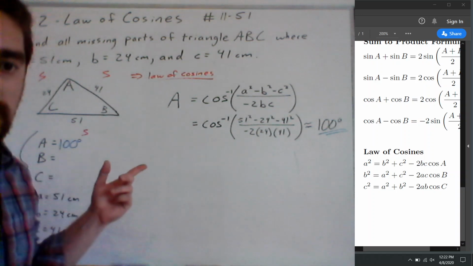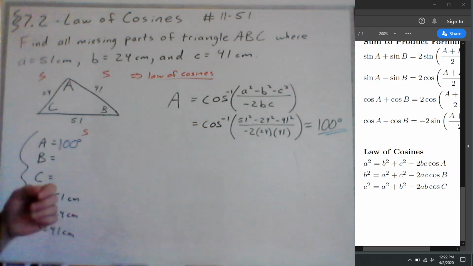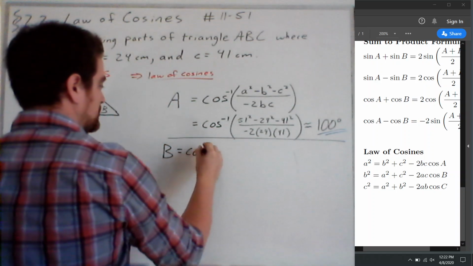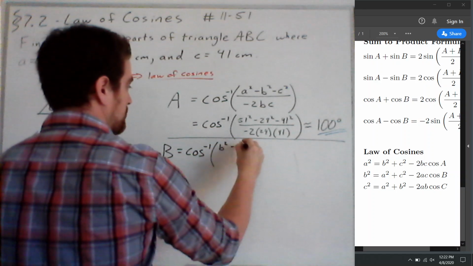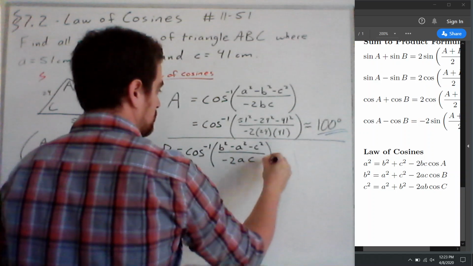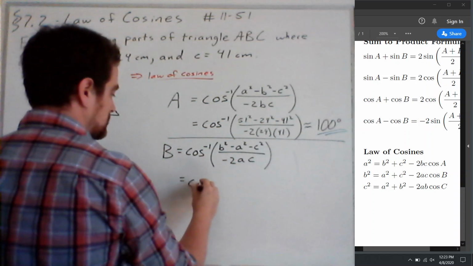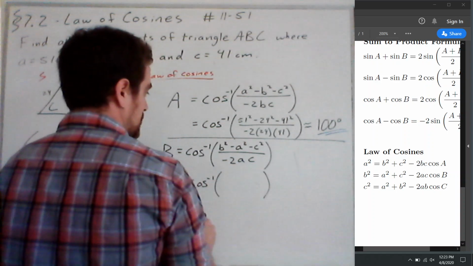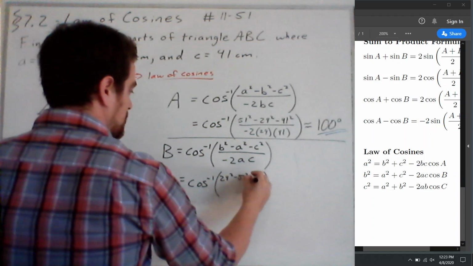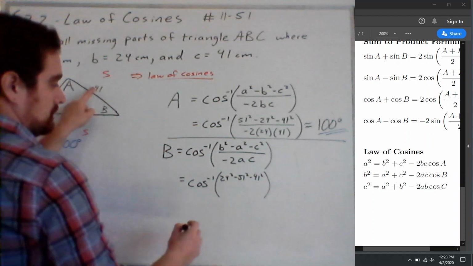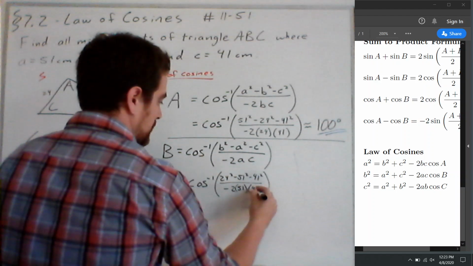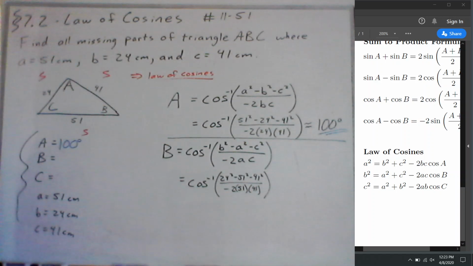Now we don't know the other two angles yet, so we're also going to have to rely on this for finding capital B. We'll need cosine inverse of b squared minus a squared minus c squared over negative 2ac, which in our case gives us cosine inverse of 24 squared minus 51 squared minus 41 squared over negative 2 times 51 times 41.